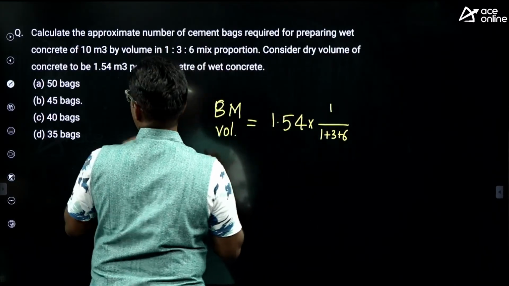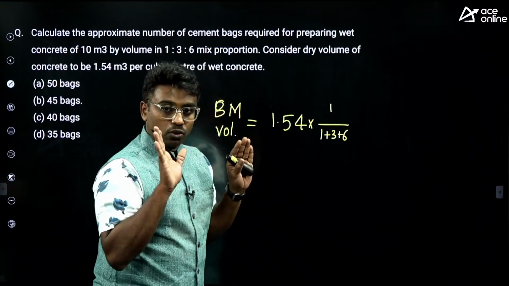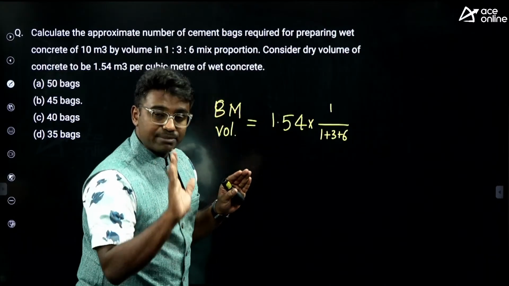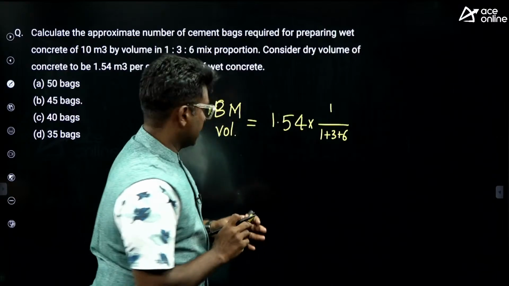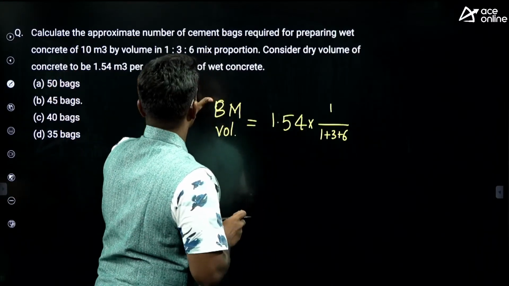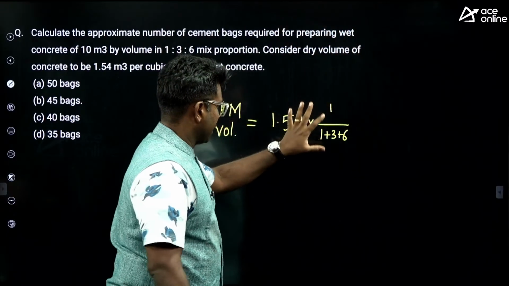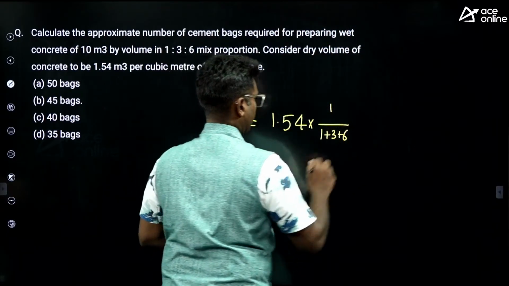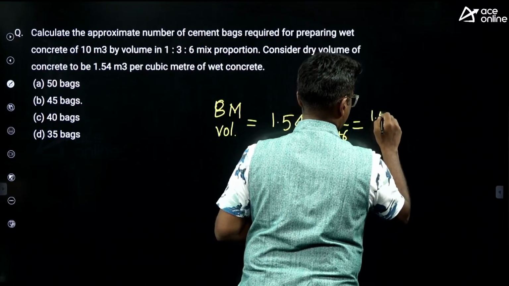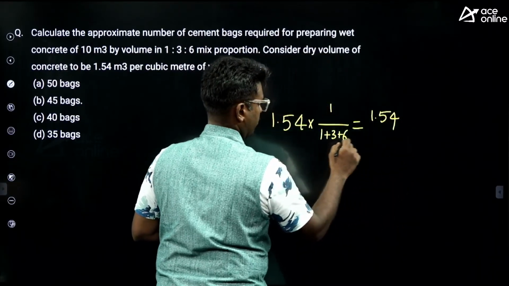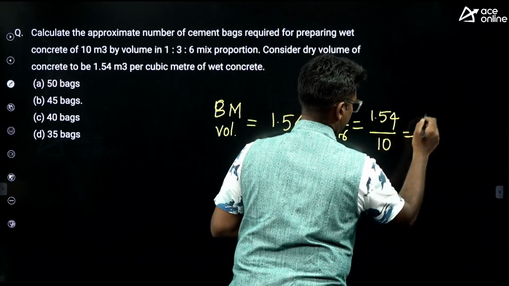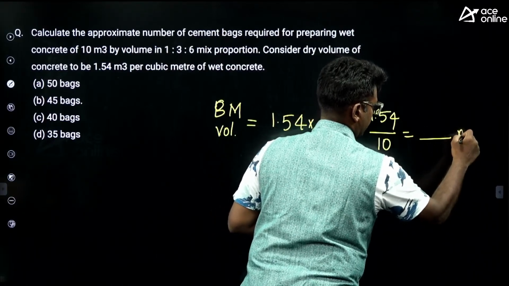In the same way, he has only asked us to find out the cement quantity. Check the question: calculate the approximate number of cement bags. Just find out 1.54 by 9 by 10, and you get a value in meter cube.